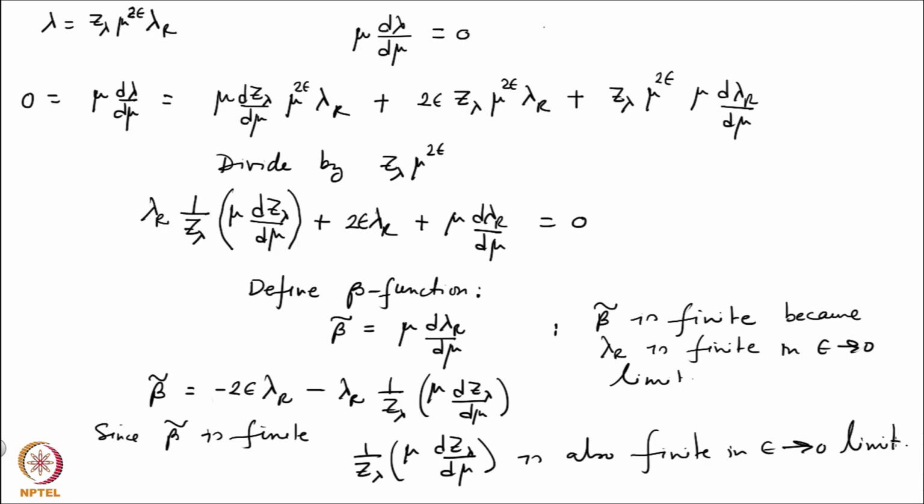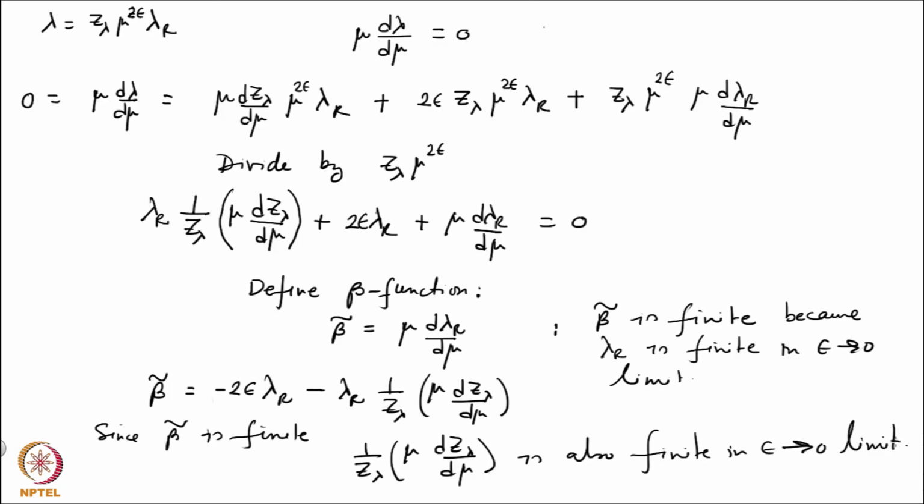Now let's suppose that we are doing the calculation in the MS or MS bar scheme, and you remember the advantage of using MS or MS bar scheme is that z lambda and zm, where zm is the renormalization constant for the mass parameter, do not depend on the scale mu.